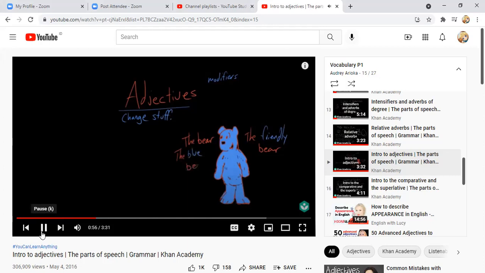And in the blue bear, the word blue modifies bear. As you can see, bear is a noun, right? Dia kata benda, kata orang gitu, kata benda.